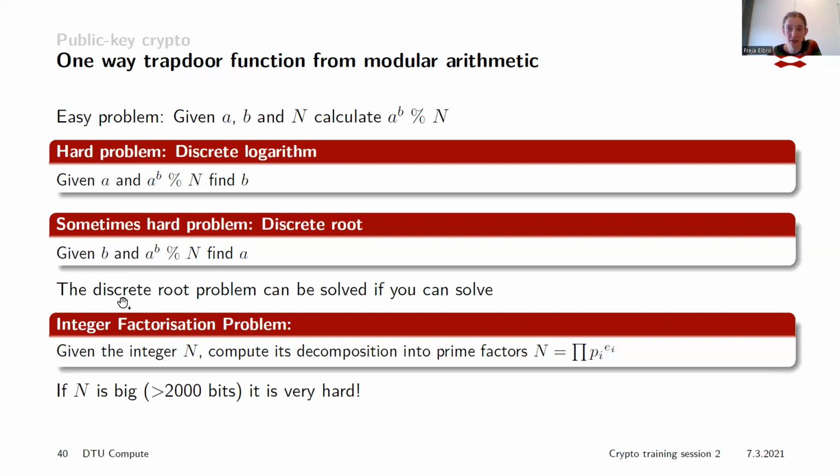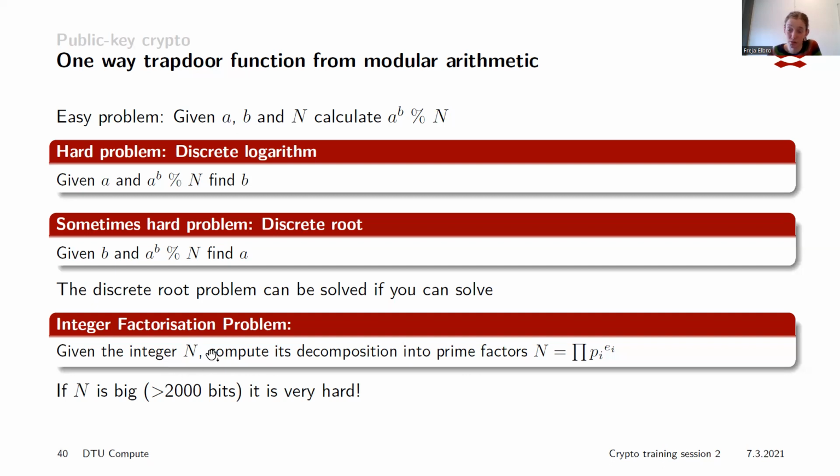And what is going to give us a trapdoor for this problem is the problem of factorization. The integer factorization problem is the following: given some integer, compute its decomposition into prime factors, so write it as a product of primes.